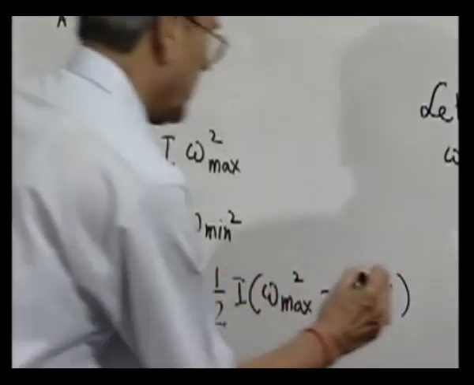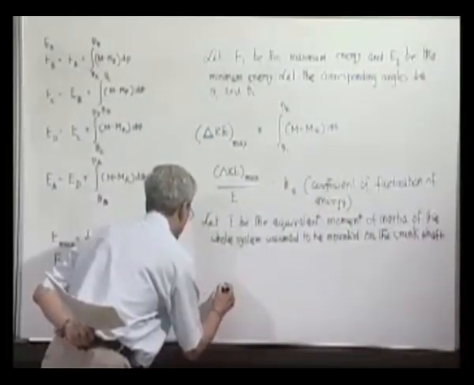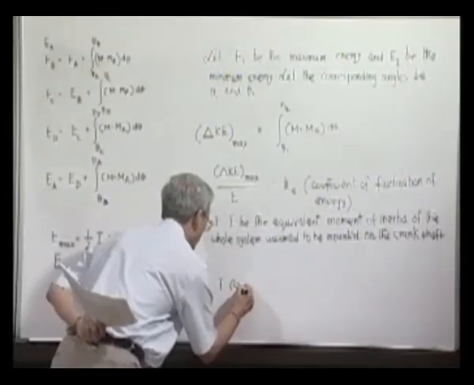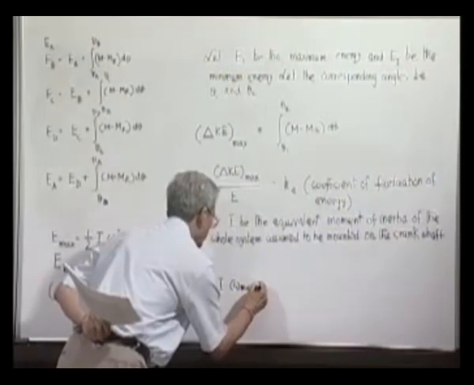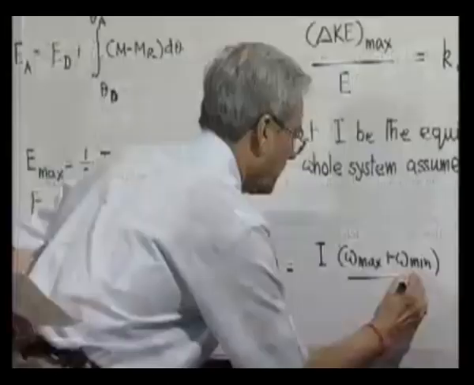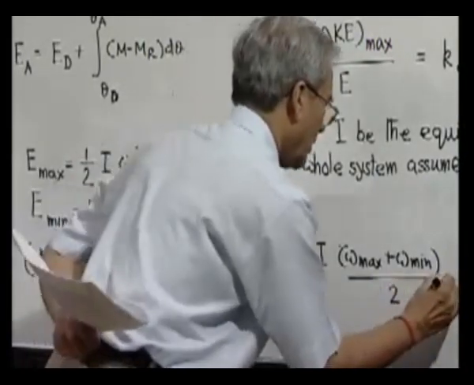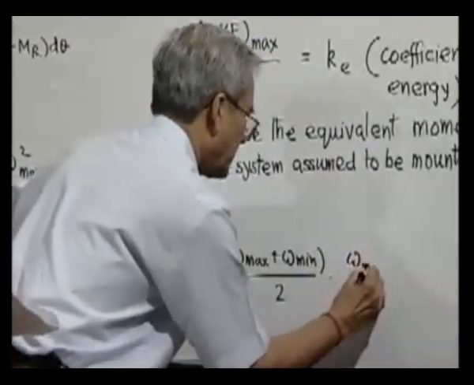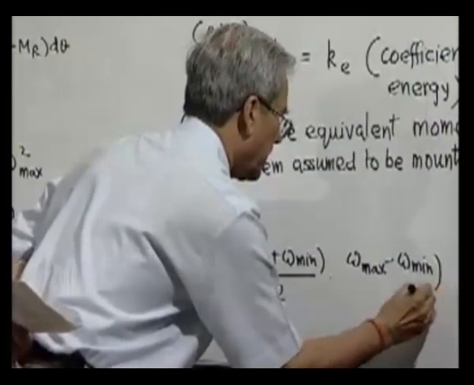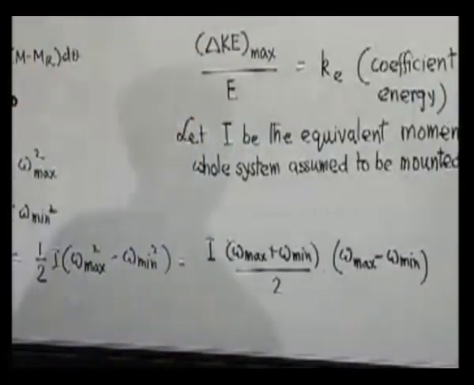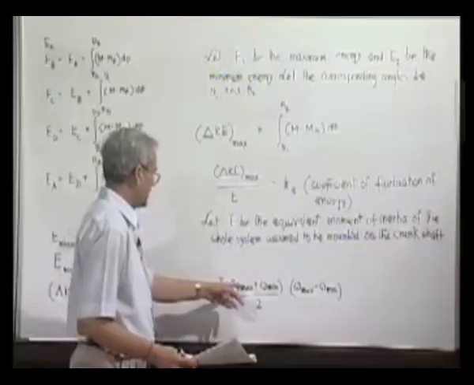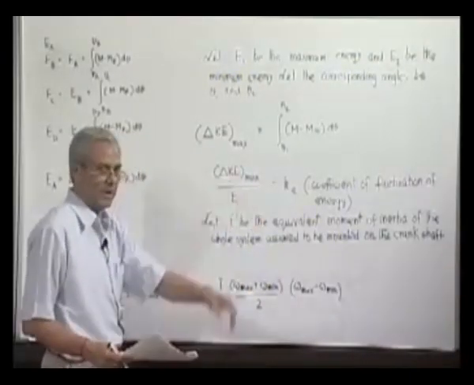This can be written in this form, I into omega max plus omega min by 2, into omega max minus omega min. Now, there is a fluctuation of speed obviously.